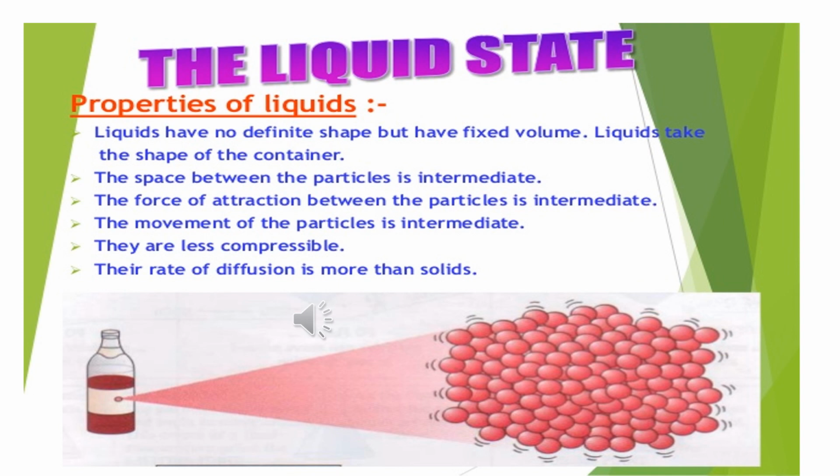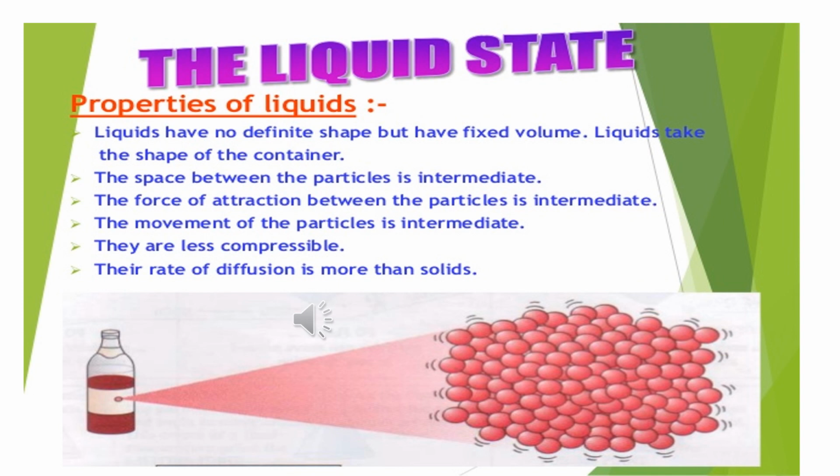The particles of liquid have interparticle space more as compared to those of solids. This is because the particles of liquid are far away from each other as compared to those of solids. As these particles are far away from each other, they do have force of attraction between them.